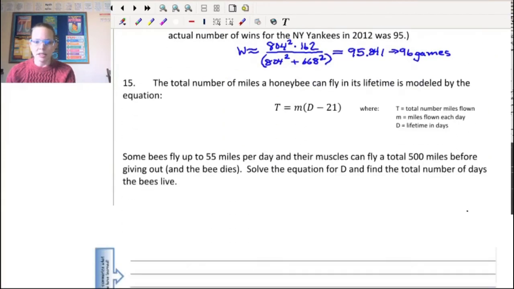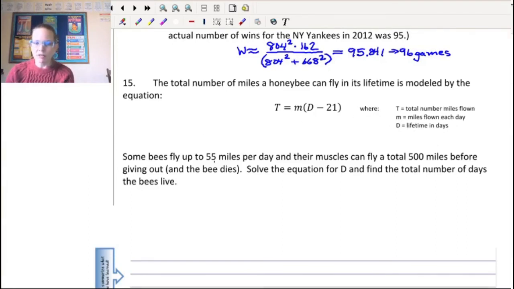All right, let's take a look at number 15. This is our last one. The total number of miles a honeybee can fly in its lifetime is modeled by the equation T equals m times d minus 21, where T is the total number of miles flown, so the total in their full life, m is miles flown each day, and d is the number of days that they live, lifetime in days, minus 21.